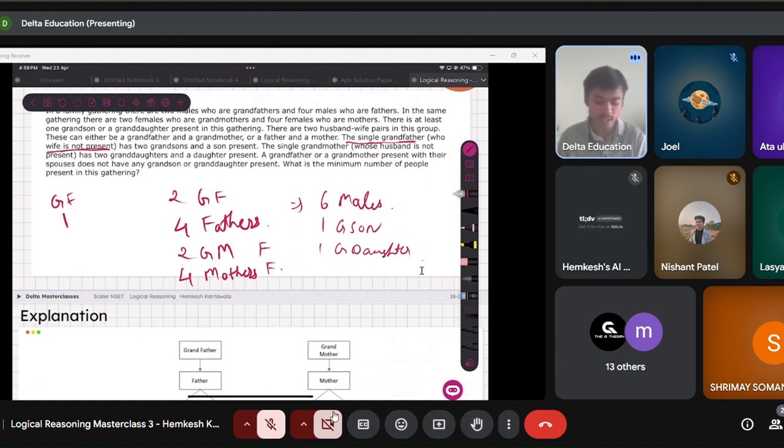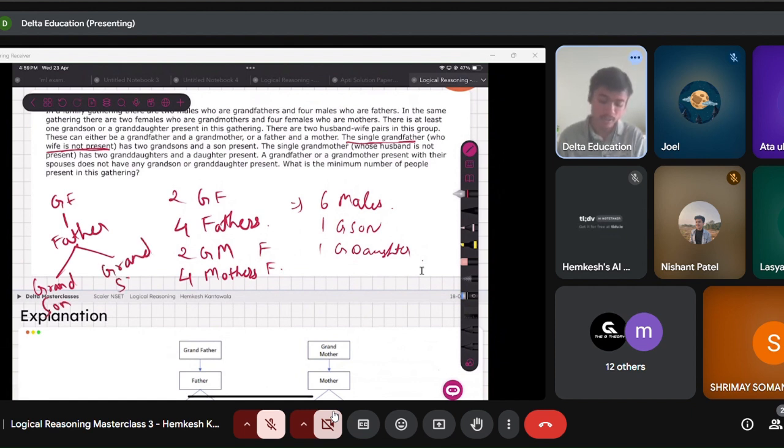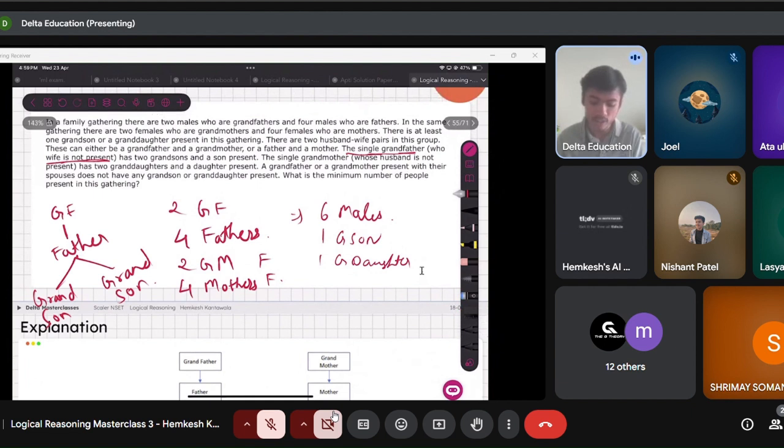So his son would be the father for his two grandsons. So there is one grandfather who has two grandsons and one father. This statement is done.